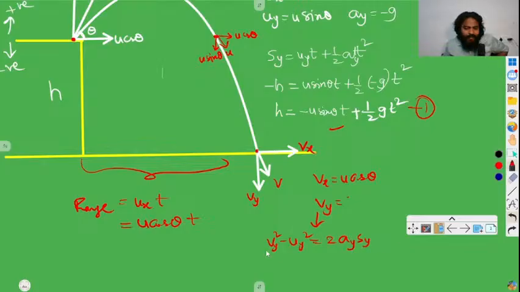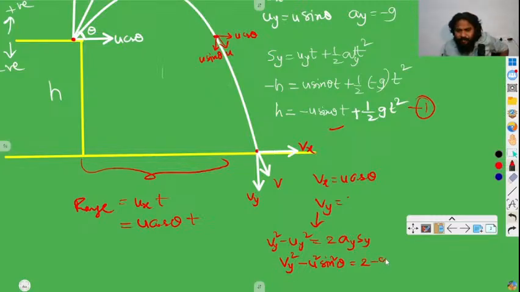So while solving this equation, vy is downward side, of course you can write directly vy square minus uy square, right? Uy in the sense u sin theta, so u square sin square theta is equal to 2 ay sy. Ay is minus g, right?